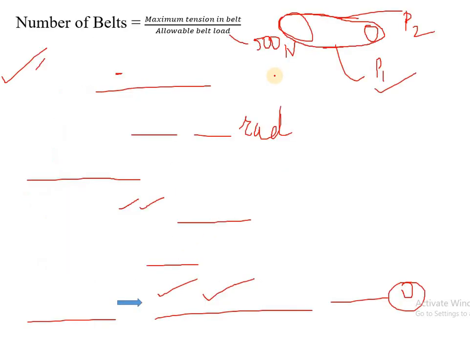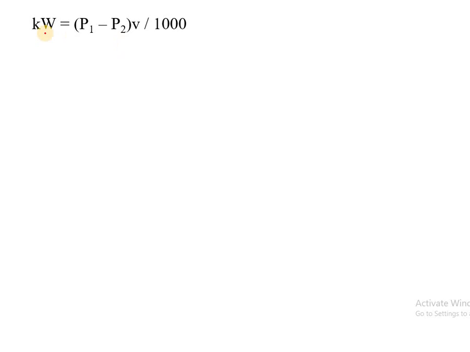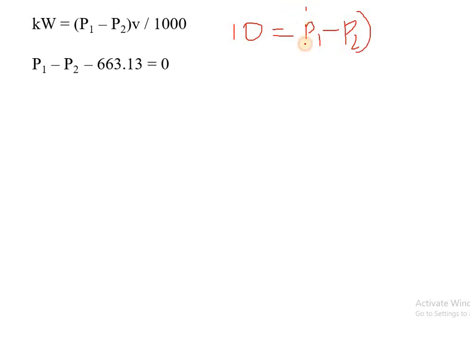We have a formula: power in kilowatt equals (P1 minus P2) into V upon 1000. P1 and P2 are unknown, power is known and V is known. So substitute the values: 10 equals (P1 minus P2) into V, where V is 15.08, upon 1000.